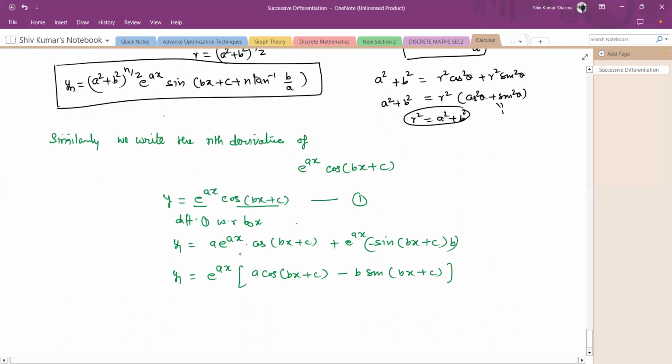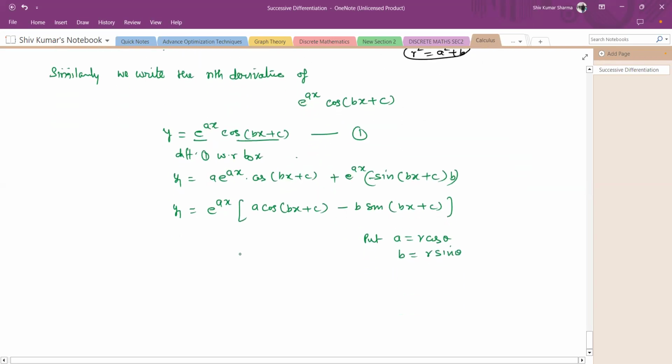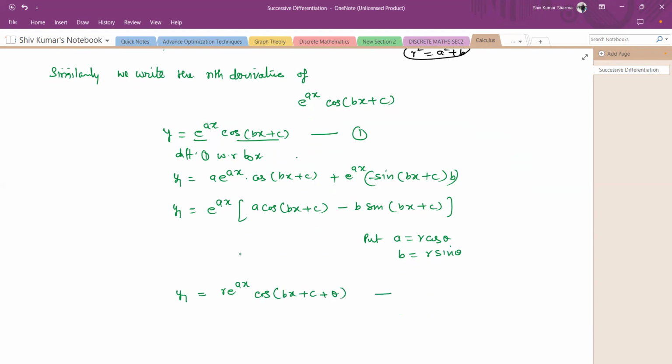Again we substitute a equal to r cos theta and b equal to r sin theta. So when we substitute this, we directly write y1 is equal to r e raised to the power ax cos bx plus c plus theta. This is our equation number 2.